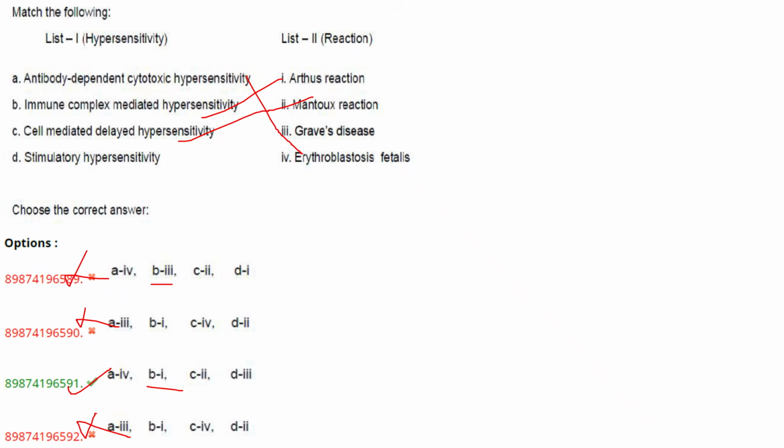So that is stimulatory hypersensitivity. Because here the receptor is blocked by the antibodies. Okay. So here it is Graves' disease.